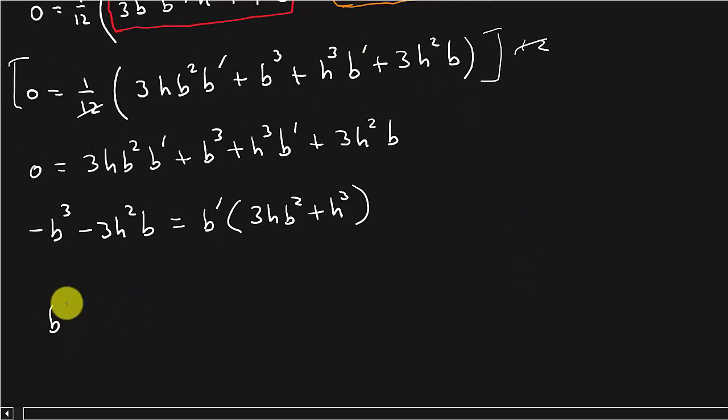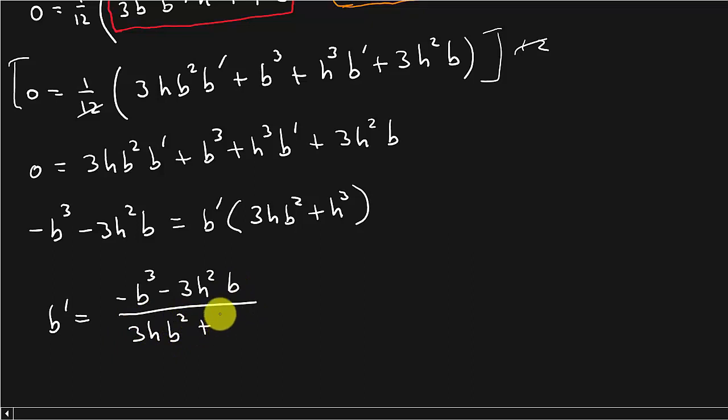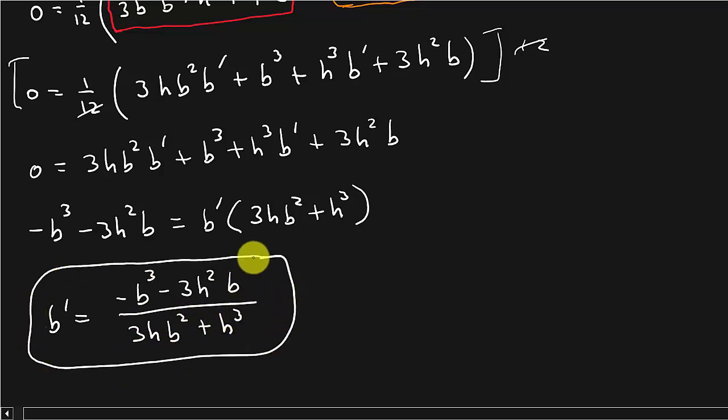And so now I get b prime is equal to, dividing both sides by this, negative b cubed minus 3h squared b over 3h b squared plus h cubed. And that's what they were wanting us to find, the expression for the derivative of b.